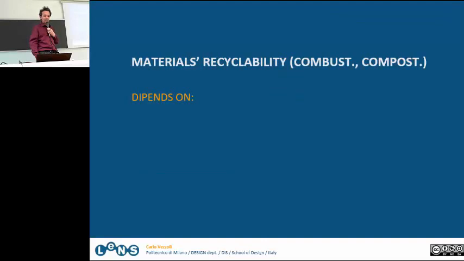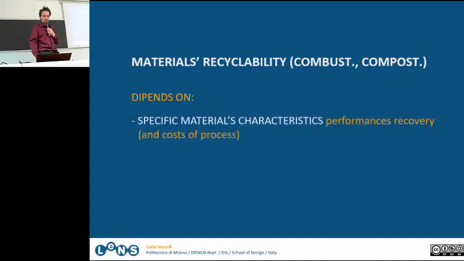So in fact, even here, the recyclability of a material depends on the specific characteristics of the material. For example, metals are easier to recycle, in the sense that they recover the original performance characteristics, compared to polymers. Polymers, usually thermoplastics, lose some properties when they go through the thermal process.